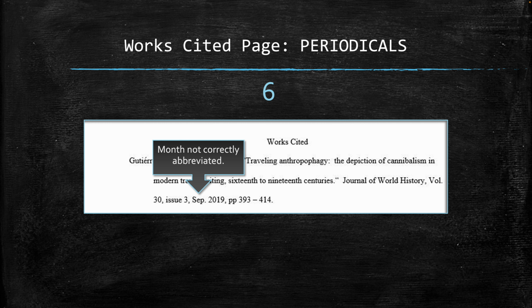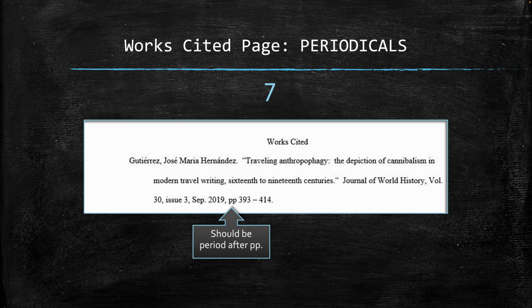The month was not correctly abbreviated. And the last mistake, number 7, the period should be after the PP. It's an abbreviation and the period was left out. So if you found all 7 of those on your own, you're in good shape. If you didn't find any of them, you need to make sure that you study a little bit more before the exam that will cover the content of these videos.